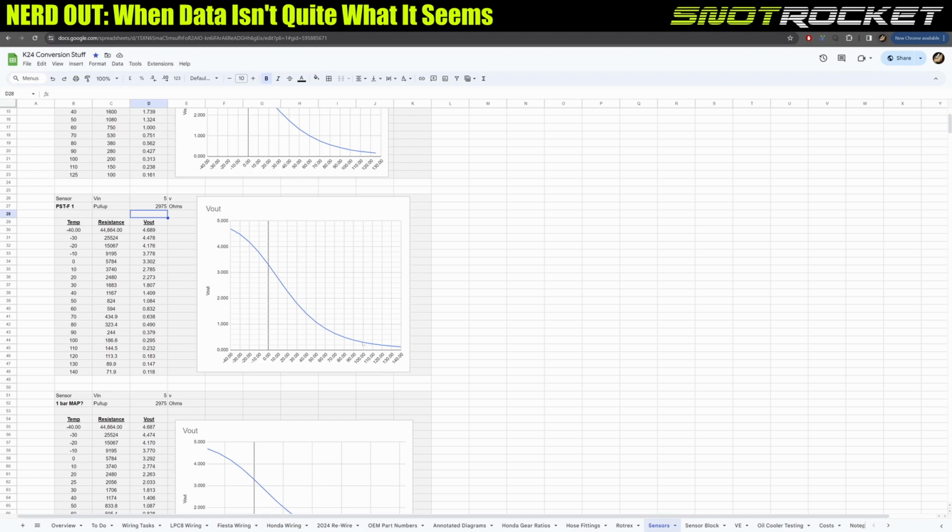From 100 to 140 was basically 0.2, 0.3 of a volt. Not particularly noise resilient. If we go to 150, we've now got a volt. So it's 3 times the resolution that we had before, and that would make it much more immune to noise. That 0.02 is not going to make much of a difference to the output.